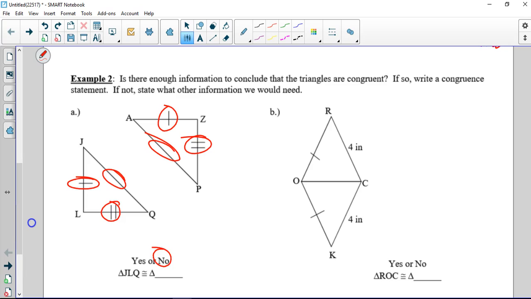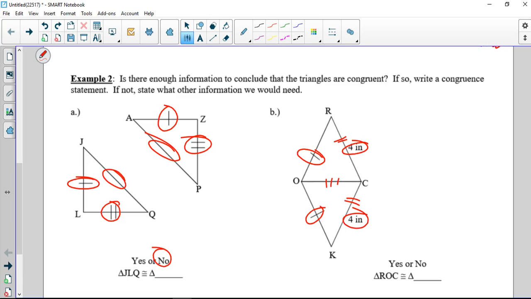So we say, no, we don't have enough information. Okay? Here we have 1 and 1 hash mark. Here we have 4 inches and 4 inches, so that's the same. We can even put hash marks on there. And as we just talked about, OC is congruent to itself.